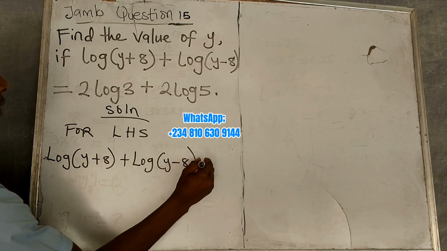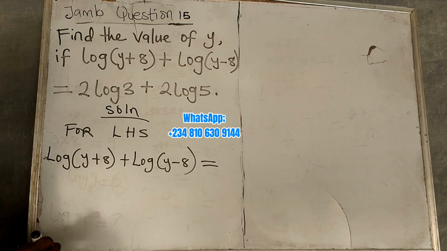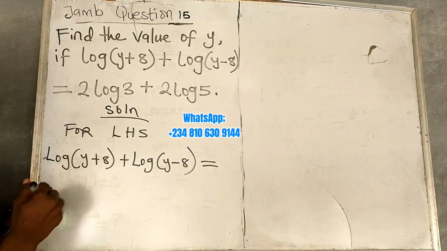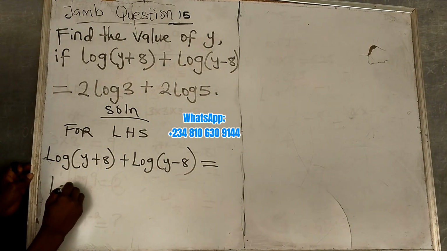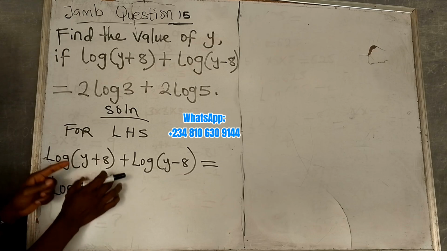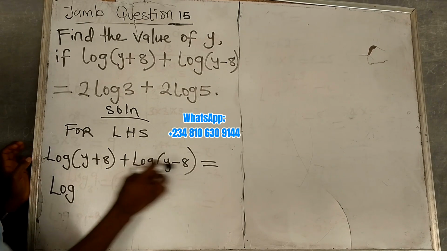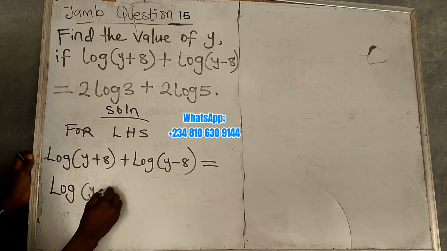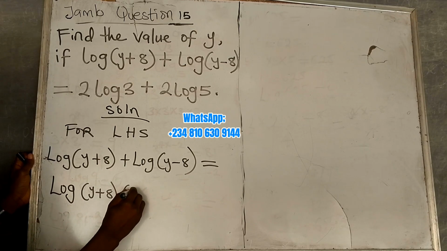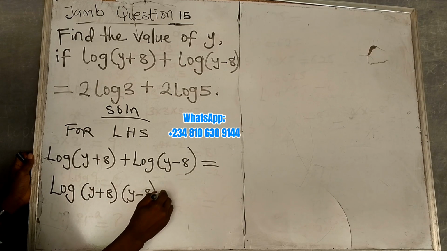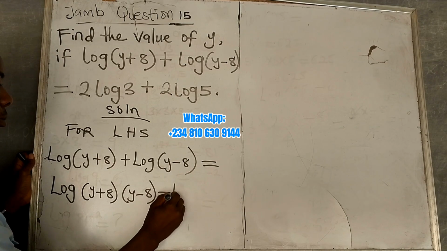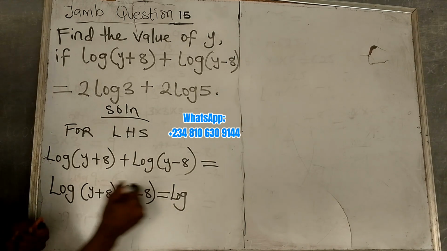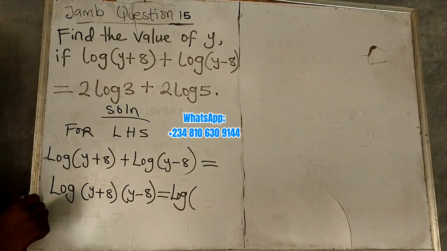Now, this is equal to, since both of them are in the same log, just write one log. Then this will multiply this: (y + 8)(y - 8). Now this will be equal to log, then you open this bracket.